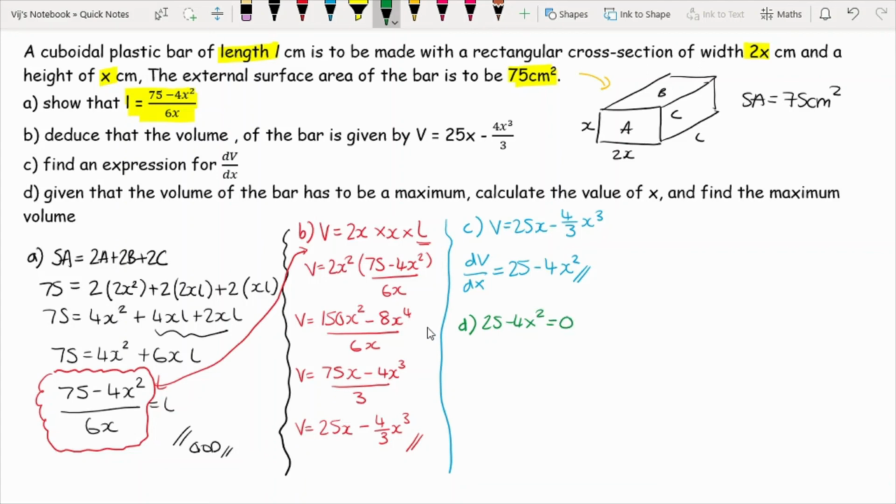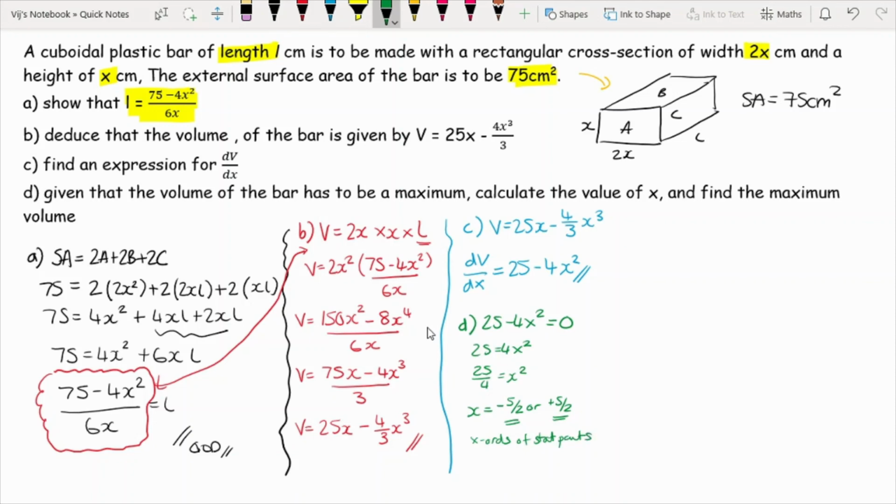Rearranging, 25 equals 4x squared, so 25 over 4 equals x squared, so x equals either minus 5 over 2 or positive 5 over 2. So these 2 points here are the x ordinates of my stationary points.